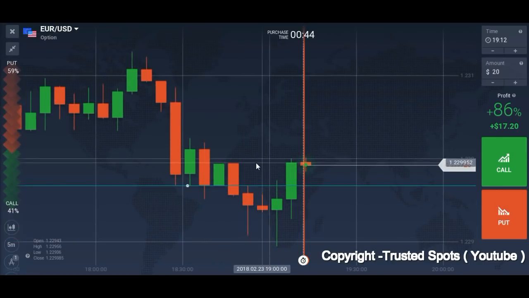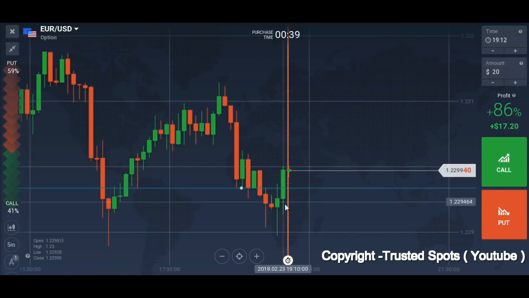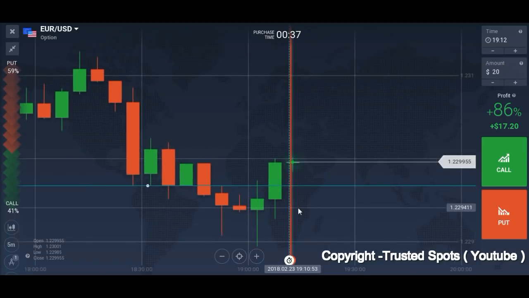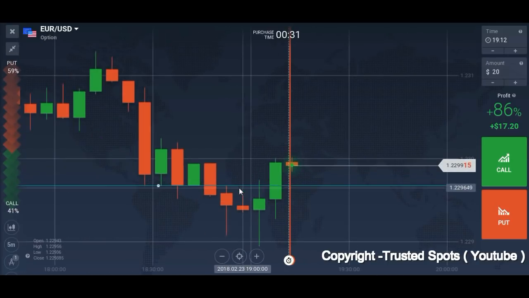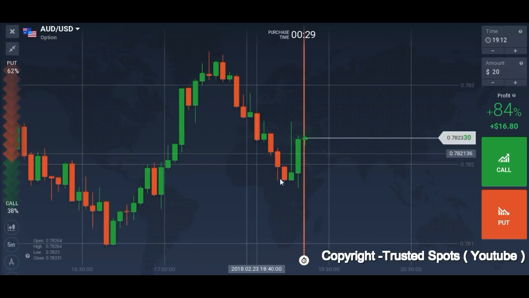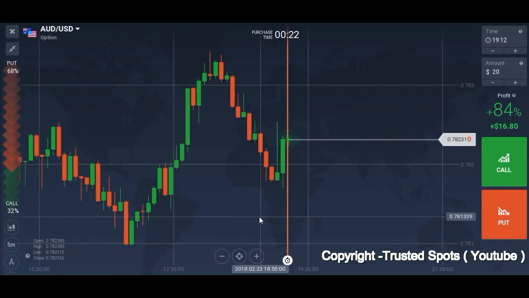And in this case, the market stopped at a resistance level, so I will not take any trade here. And here, okay, we can take a trade.